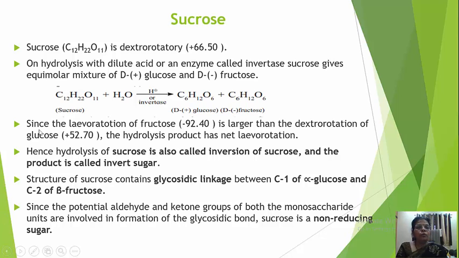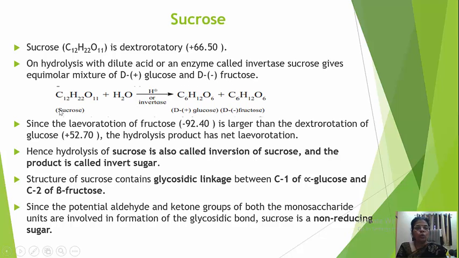The molecular formula of sucrose is C12H22O11. Sucrose is dextrorotatory, with a rotation of plus 66.5 degrees. On hydrolysis with dilute acid or an enzyme called invertase, sucrose gives an equimolecular mixture of D positive glucose and D negative fructose.